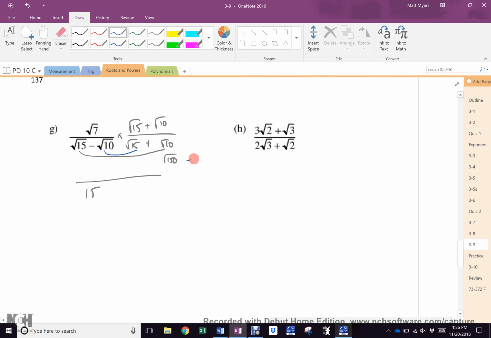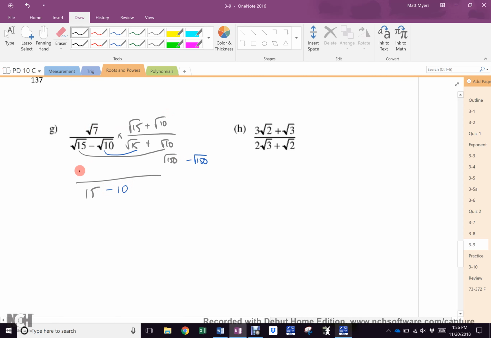And negative root 150 for right there. What happens when you have root of 150 in this hand, and then you take it away? It disappears. And over in this hand, because I misdirected you, I have the root of 150. So what is the other term that stays? 10.